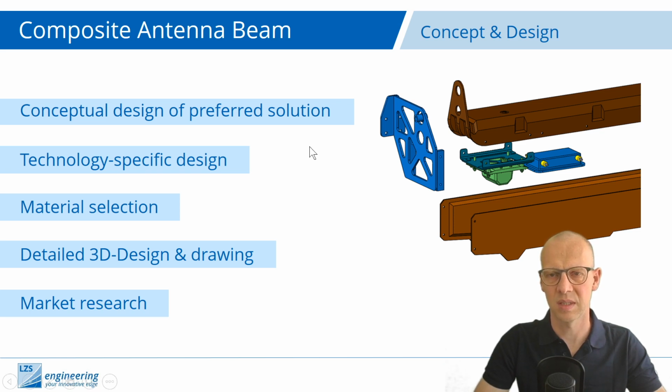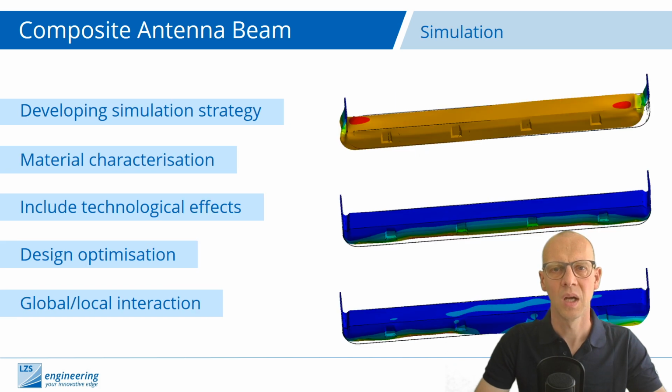And of course, we then did some market research with manufacturers, with material suppliers, and so on. In this phase, we did more detailed simulation and tried to understand all the effects coming now on top, not only the design, but also the material behavior depending on the manufacturing process.